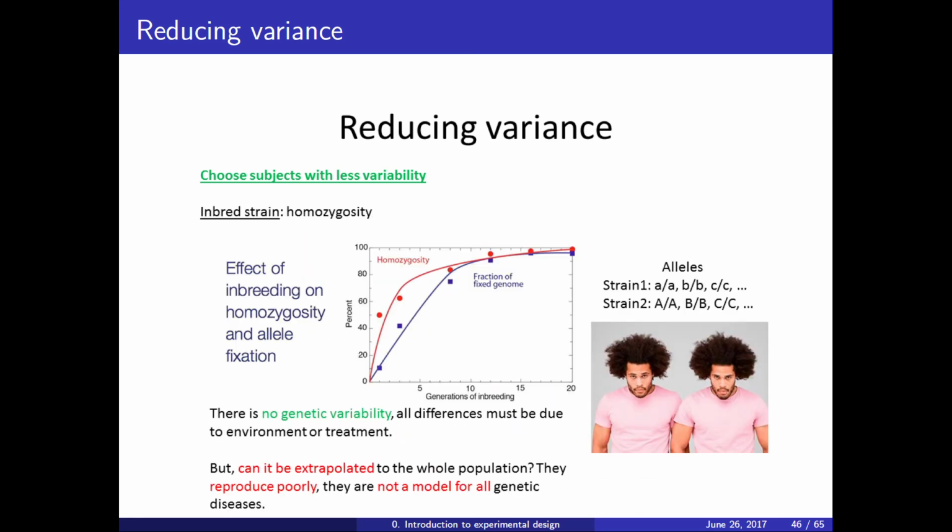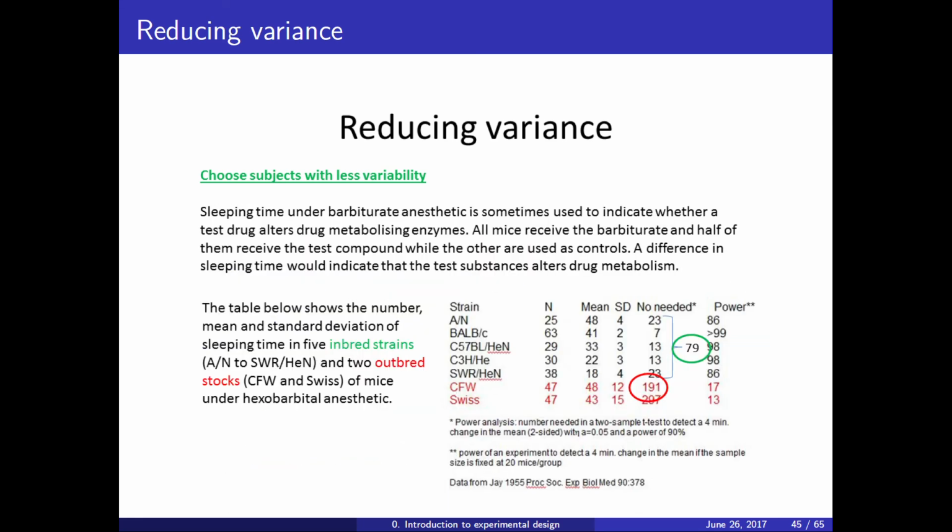So coming back to our experiment with the anesthesia, working with twins gives you very low variability, so you need a small sample size, but if you work with a single strain, you're working with a single kind of twins. So what we show here with the 79 is that it is much better to work with different kinds of twins.